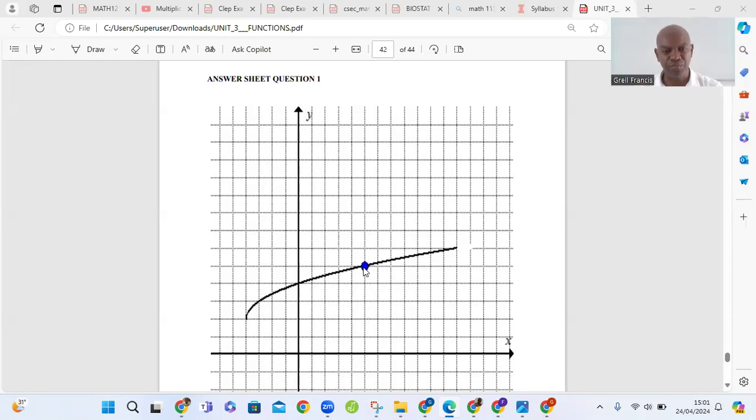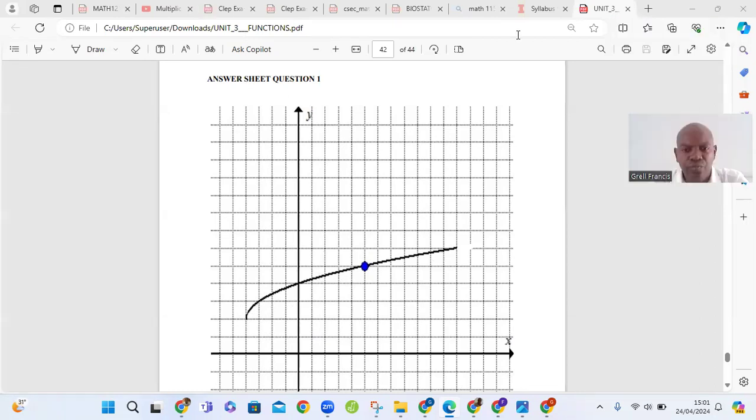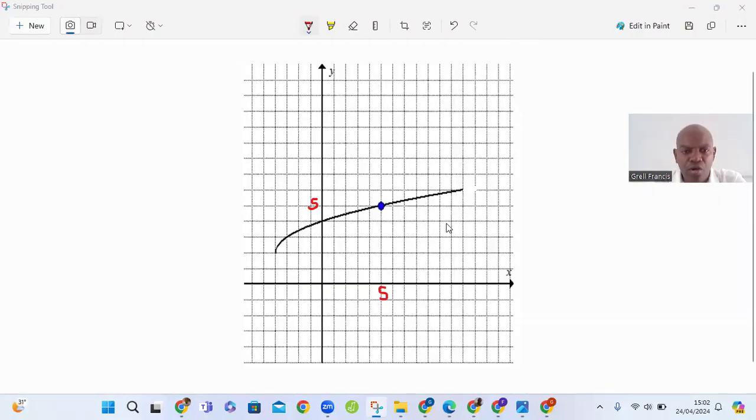So this point appears to be 5,5. Right, so here it is, 5 on the x and 5 on the y. Here you have 0 as the origin. So this point is 5,5.